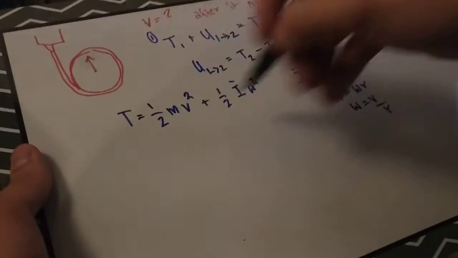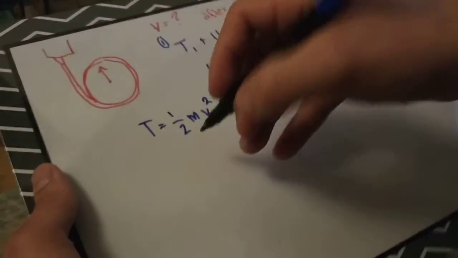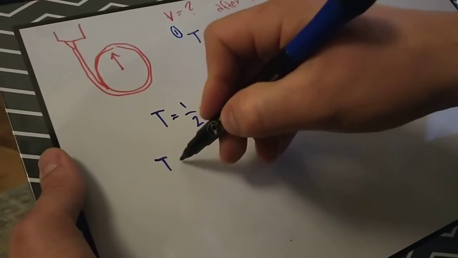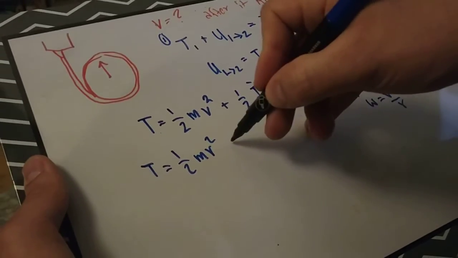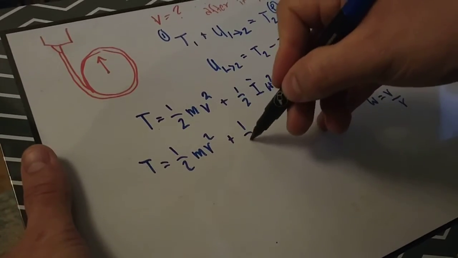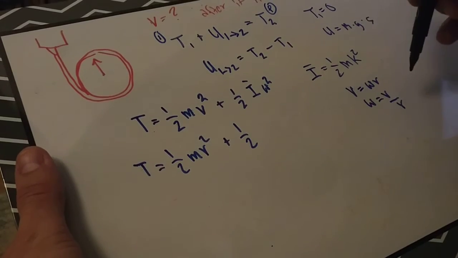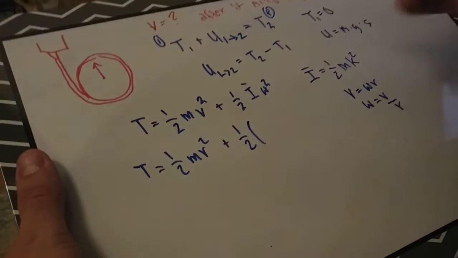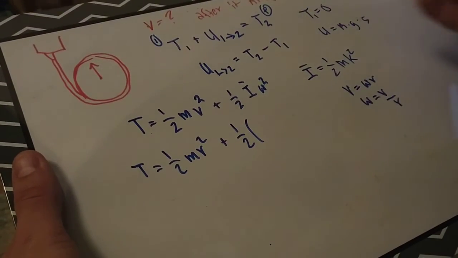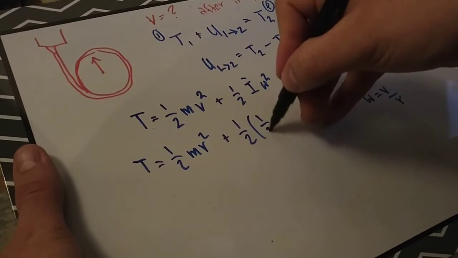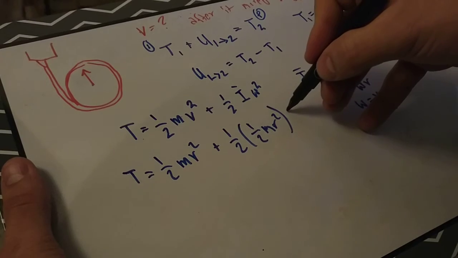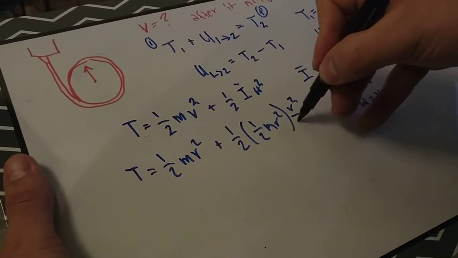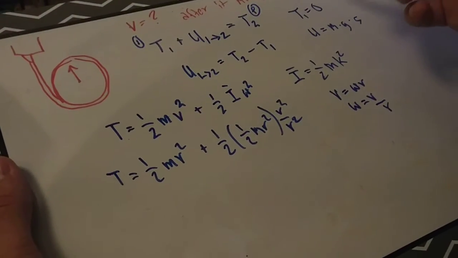And we can sub those into this. So we'll go T is equal to 1/2 mass velocity squared plus 1/2 times the mass moment of inertia, 1/2 mass times radius squared times v squared over r squared.